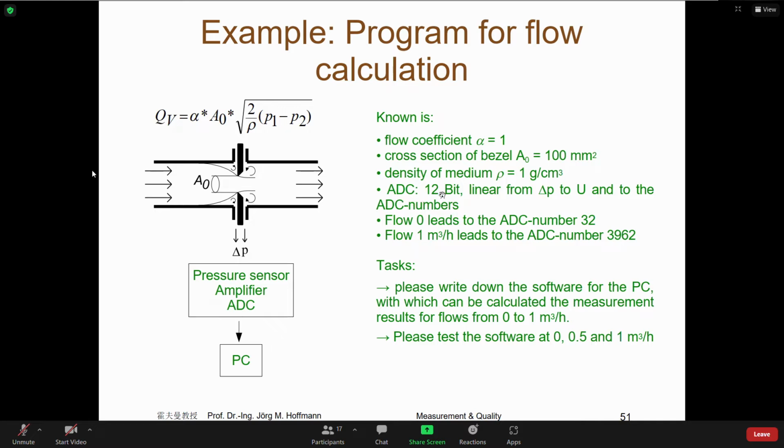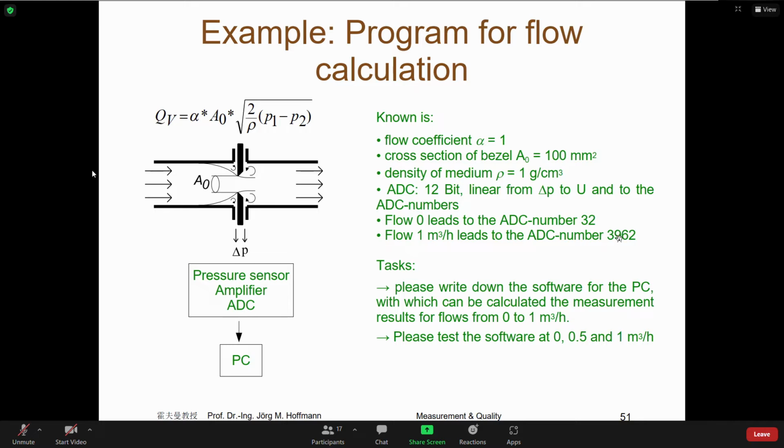Yeah, here is it also written. And from the pressure, that means the electronic, from the pressure to the voltage and to the ADC number, that means the whole electronic is linear, but the delta pressure is non-linear connected to the volumina stream. Therefore, you have also this non-linearity in your system.